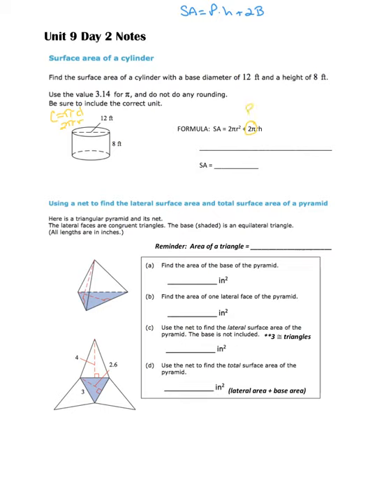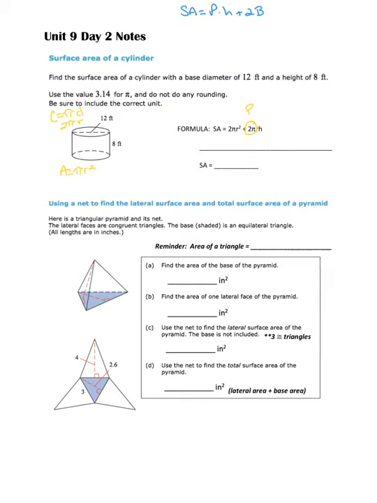And H is the height, which is the distance between the two bases. And do you remember what the area of the circle is? Area equals pi r squared.